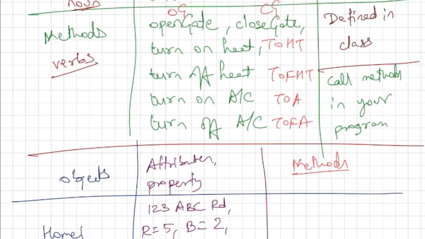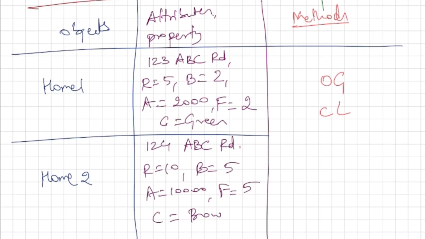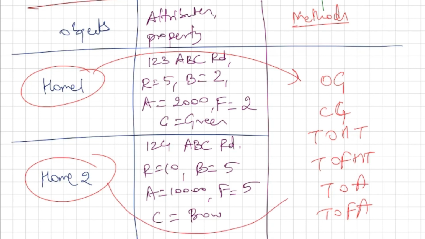So when they call the method open gate or close gate or turn on heat or turn off heat or turn on AC or turn off AC, both the objects should be able to do similar operations. Open gate should be able to open its gate, close gate should be able to close its gate.